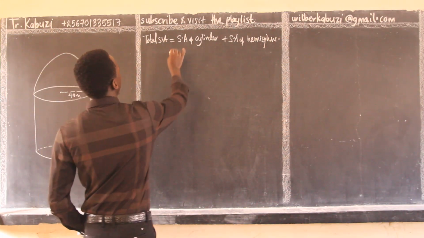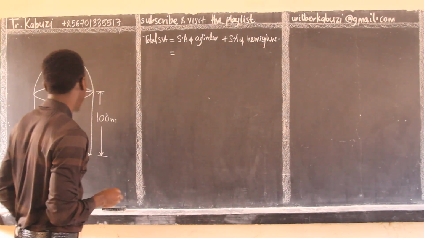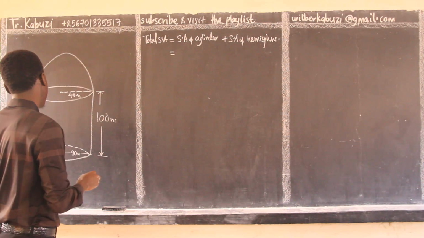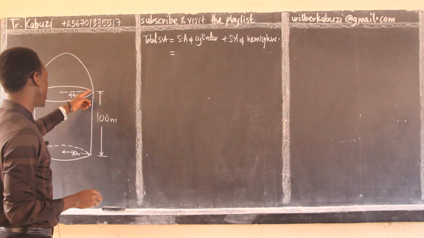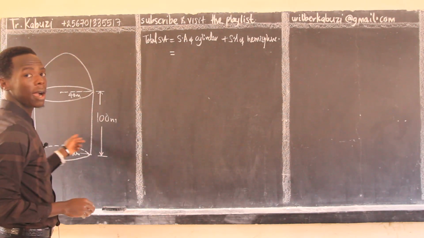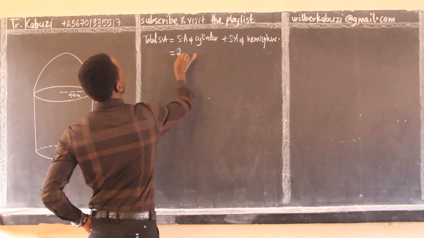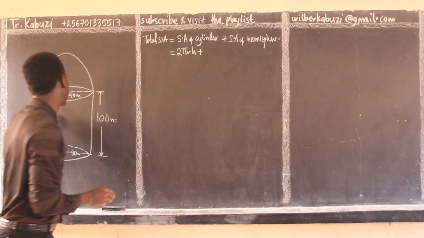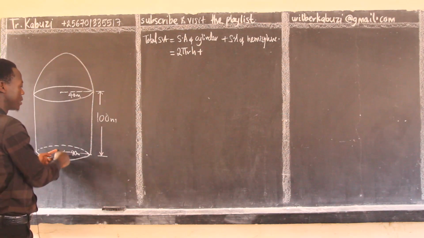Okay. Now, to get the surface area of the cylinder, remember we always have our height times the circumference, so we have 2 pi r h. Then plus the surface area of these 2 circles.